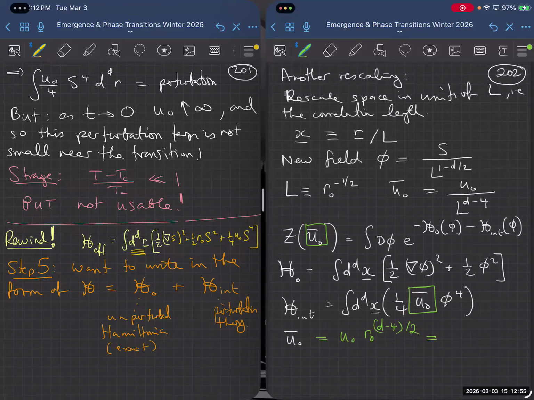And now when I write that down, that means it goes like some u naught times a power t to the power d minus 4 over 2, times a coefficient which I called a tilde of d minus 4 over 2. So this is the only quantity that the thing depends on.